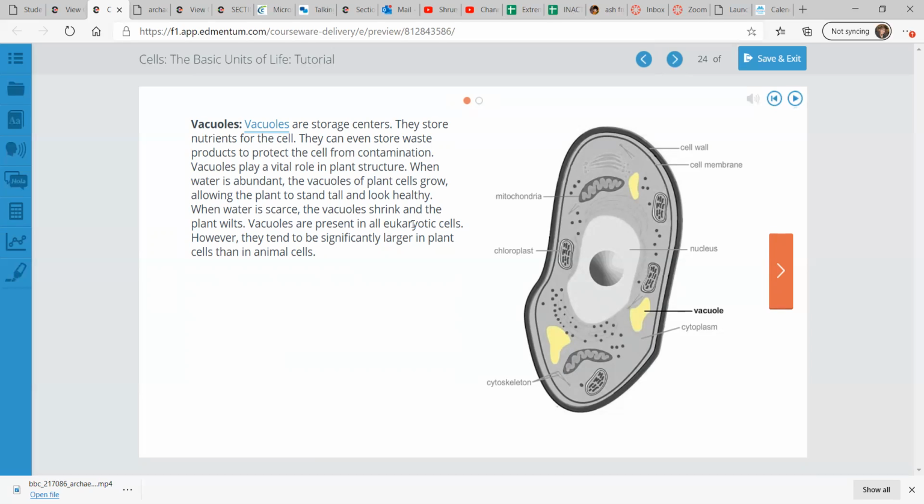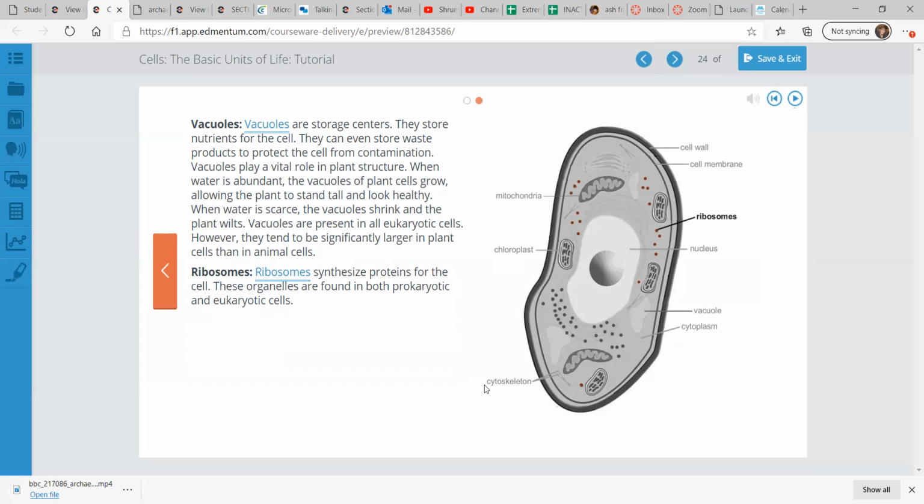When water is scarce, the vacuoles shrink and the plant wilts. These vacuoles are present in all eukaryotic cells. However, they tend to be significantly larger in plant cells than in animal cells. So these guys are in eukaryotes, but bigger in the plant eukaryotes.